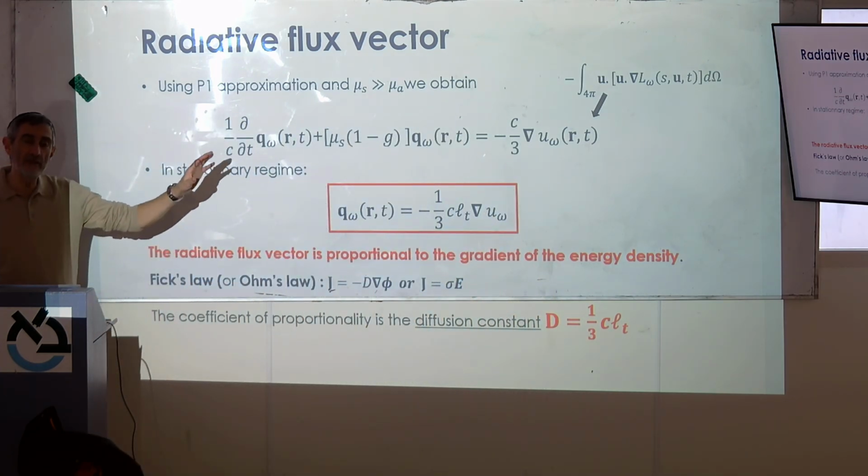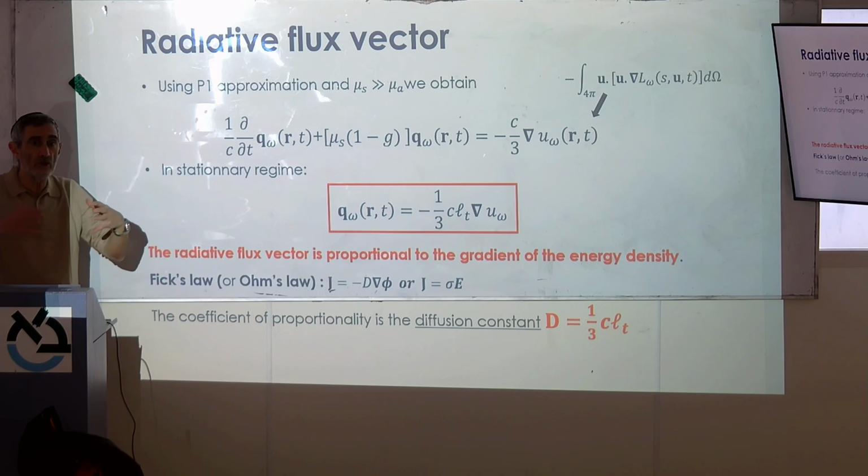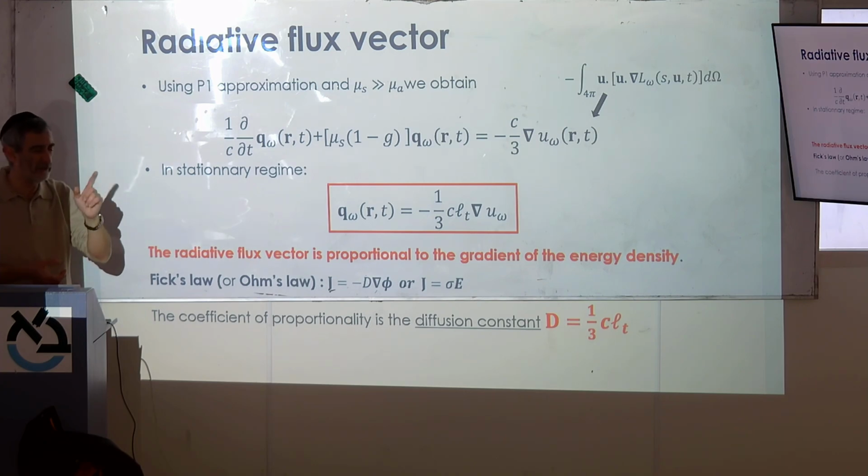So D actually is related to the time domain. If you consider the propagation, the diffusion of the light inside the system over time, it goes like the square root of time, so it's the square root of Dt.